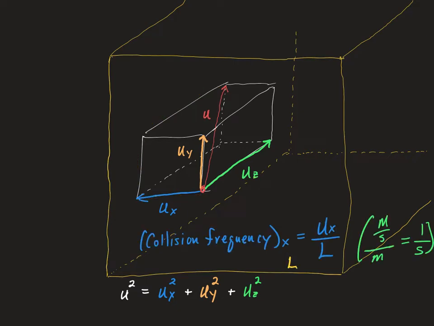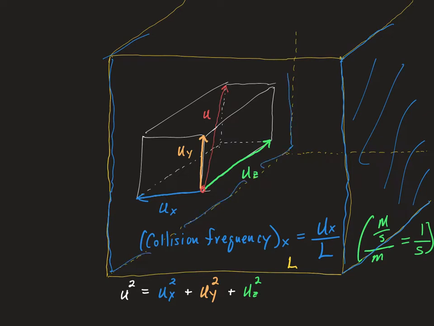Now, let's just consider one component of that, right? So if we take our box and only consider motion in the x direction. So we're looking at this square on this side and this square on this side, right?